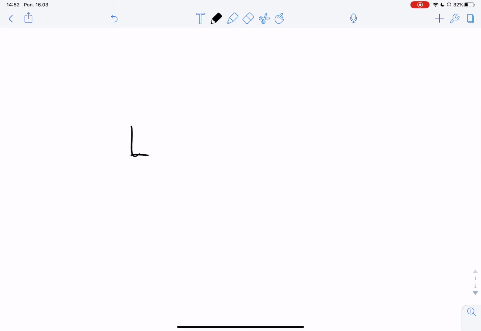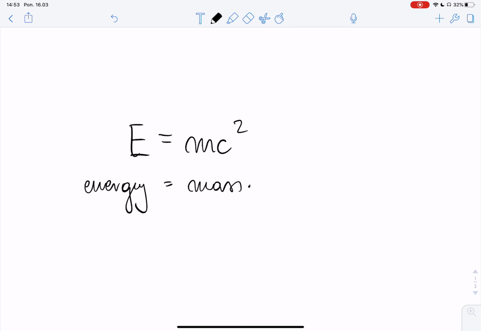Do you know this equation? This is the very famous formula popularized and associated with Einstein. And this means more or less this: energy equals mass times speed of light squared.